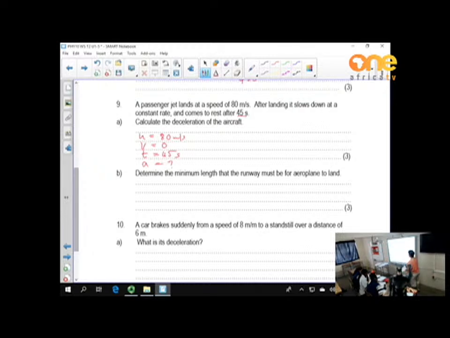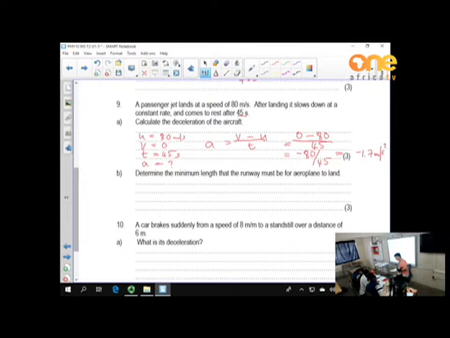Which formula? V minus U over T is equal to acceleration. So, V is 0, U is 80, and the time is 45 seconds. So, minus 80 divided by 45 is equal to minus 1.7 meters per second squared.